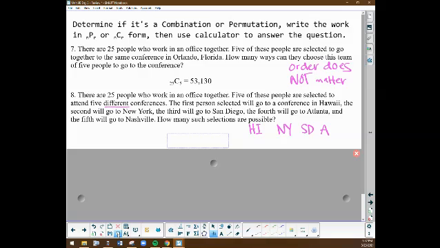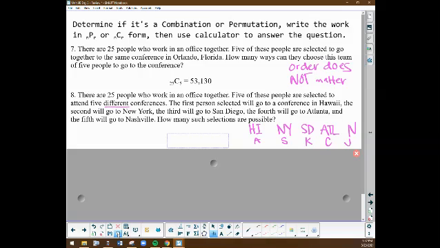We've got Atlanta and Nashville. Okay, there are 5 different conferences. So if I pick Angie goes to Hawaii, Sarah goes to New York, Kristen goes to San Diego, Chris goes to Atlanta, and John goes to Nashville, right?